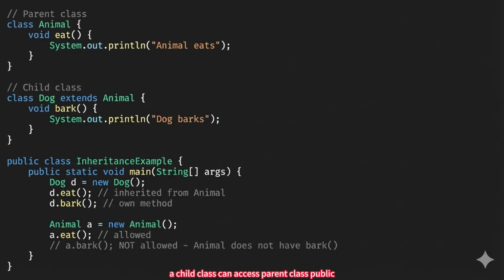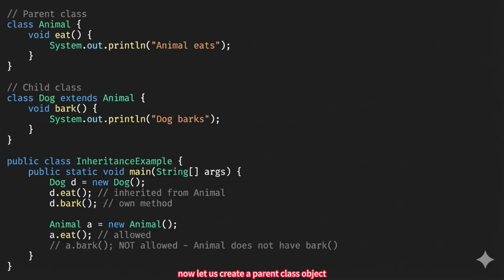A child class can access parent class public and protected methods. So, animal eats is printed. Next, we call d.bark. This works easily because bark is a method of the dog class itself. So, dog barks is printed.